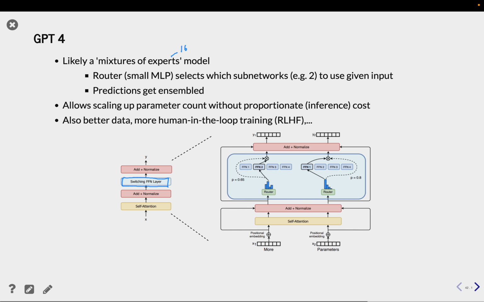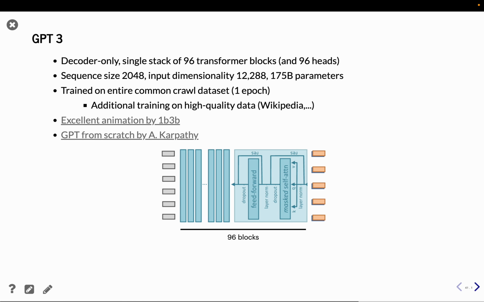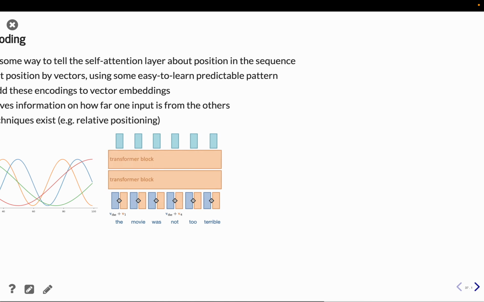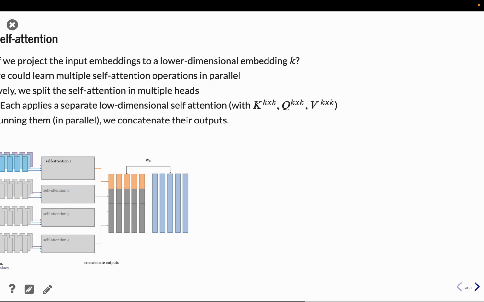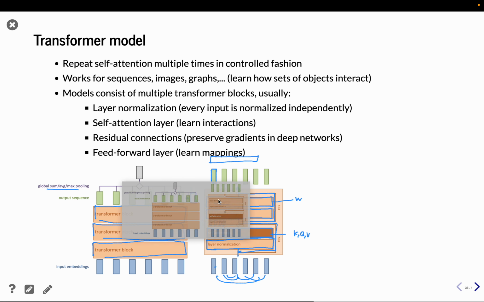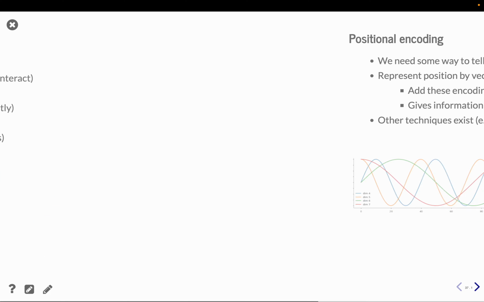So there's a normal self-attention layer, then add and normalize, right? And then the feed-forward part that we introduced here is actually a mixture of experts.